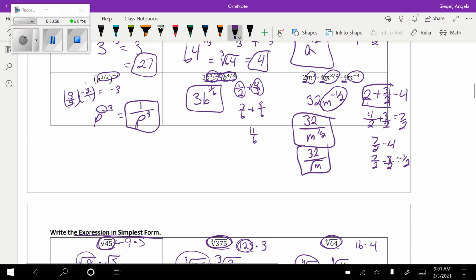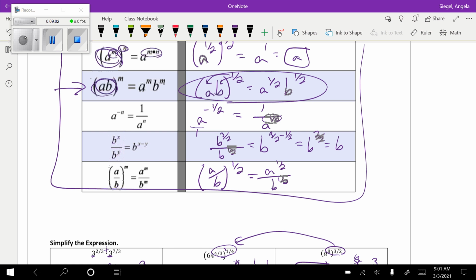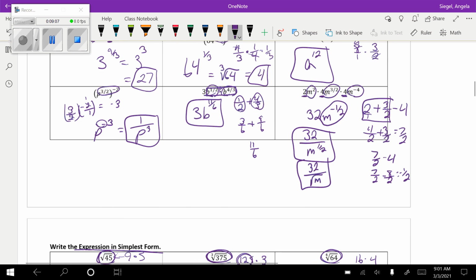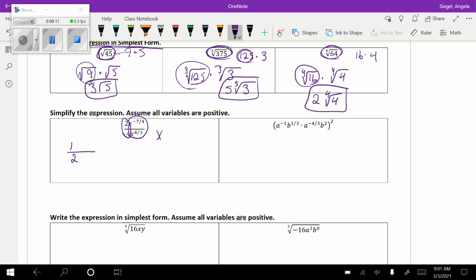So remember, I'm going to remind you up here in this one, when we have a division problem, we are going to subtract the exponents. So I have x to the 7/4 minus 4/3. Go ahead and do the math and see what that ends up being.